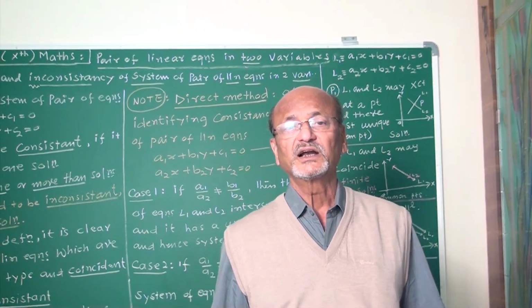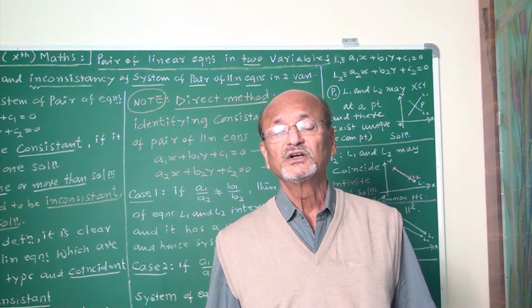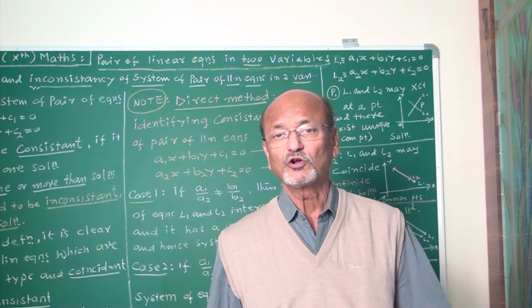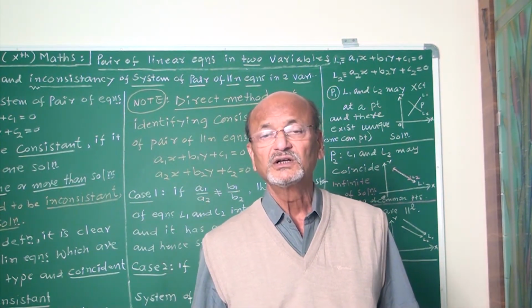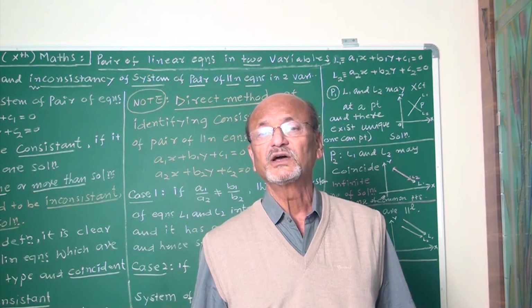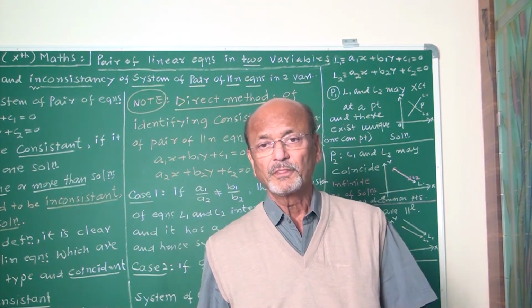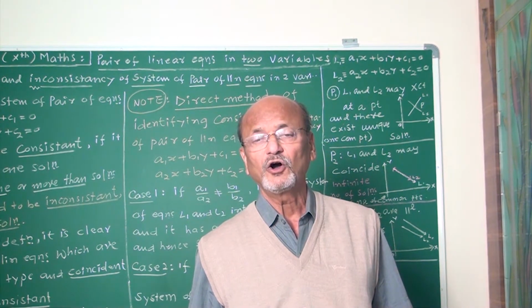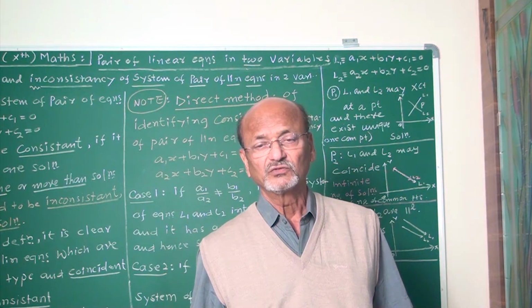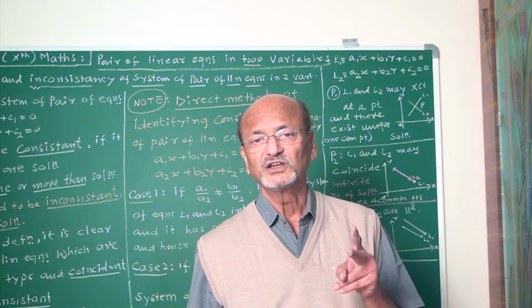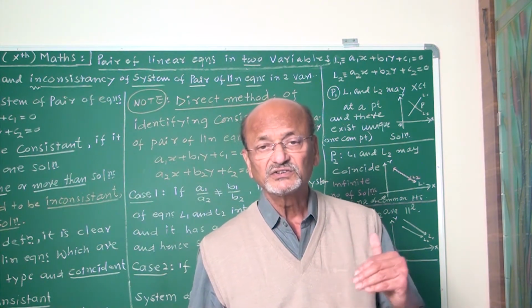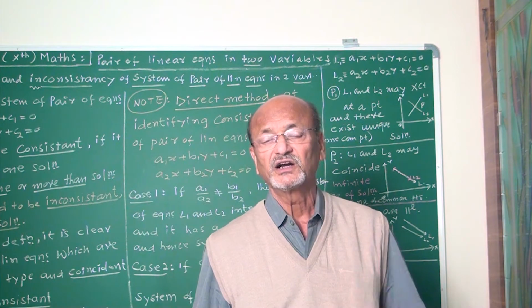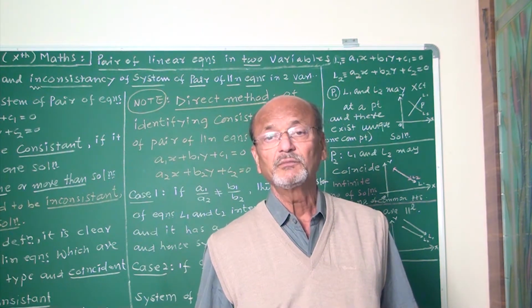One is the graphical method, also known as the geometrical method, which means you have to draw the graphs and figures, and with their help we decide the solutions. We have done a series of examples on graphical methods, finding the solutions of the linear equations.